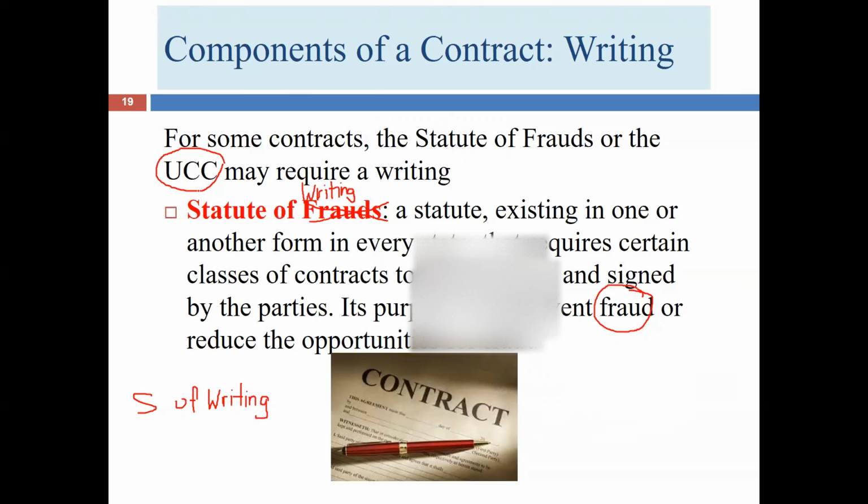The UCC is its own equivalent of the statute of frauds. So in this course, I'll talk about the statute of frauds, but what I really mean is the statute of frauds plus the UCC part of the statute of frauds. That'll make more sense when we get to that chapter, so don't worry about the ins and outs of that at this time.